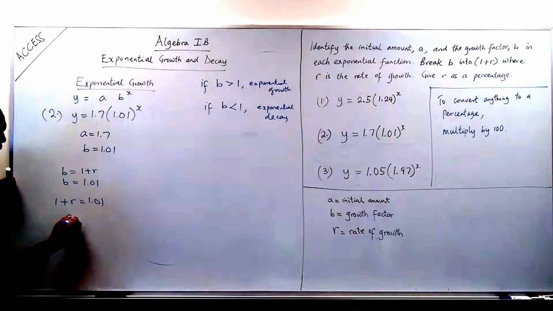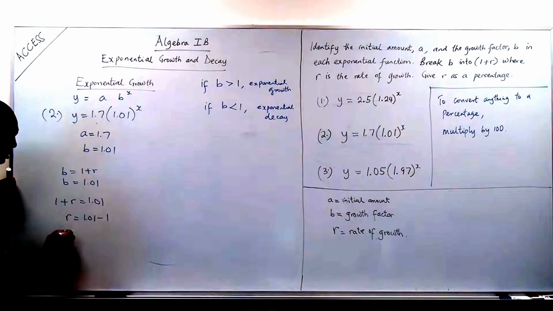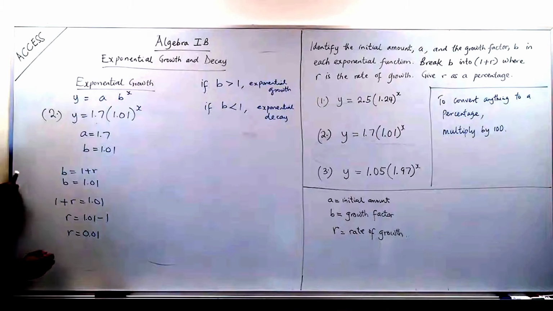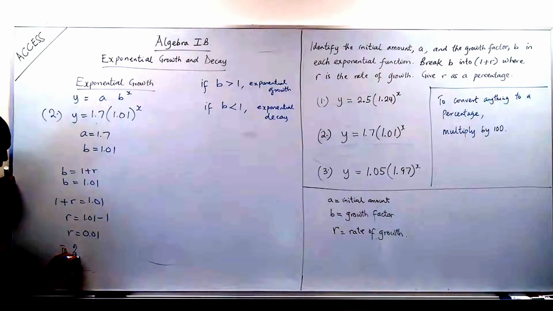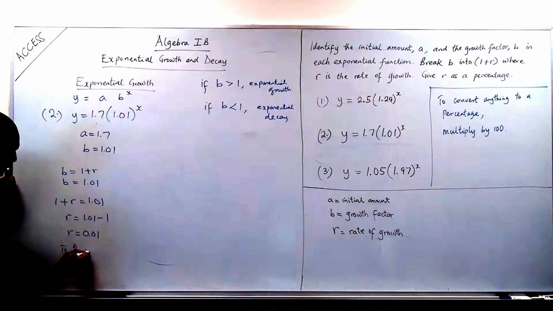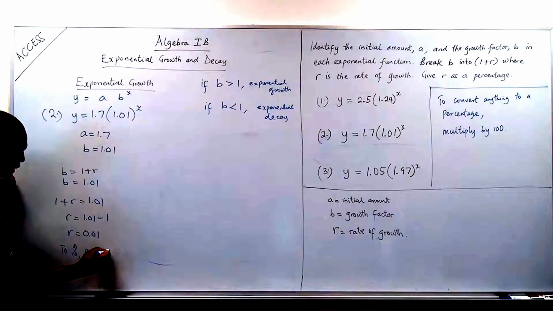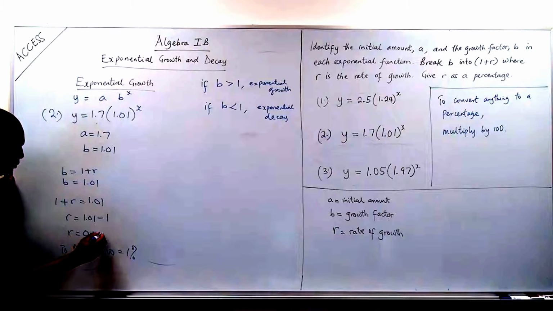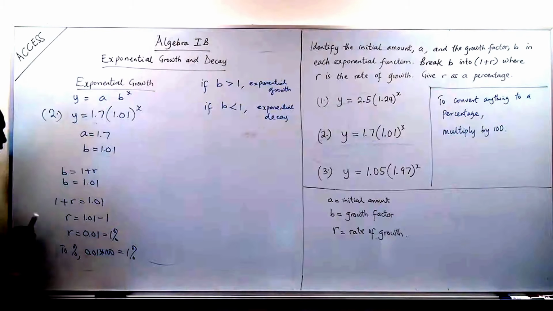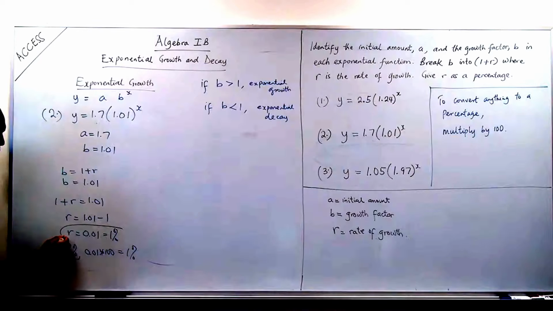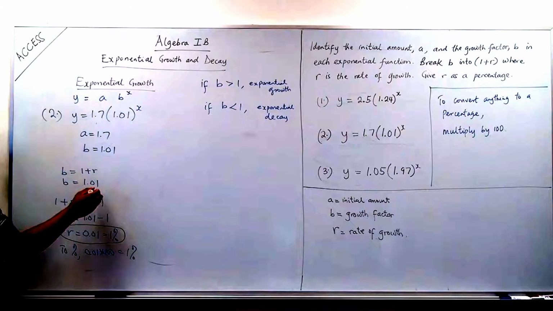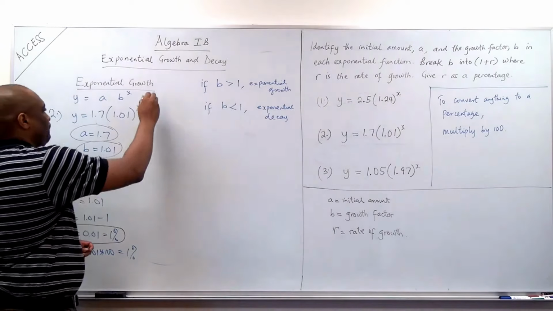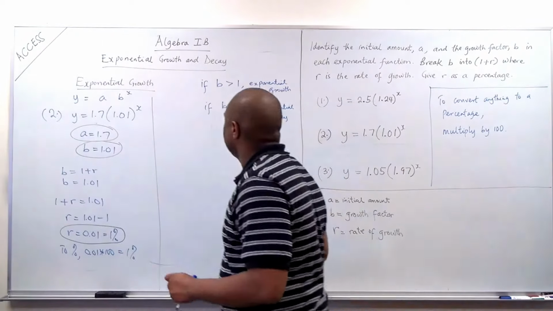So R will now be 1.01 minus 1. R will be 0.01. And then to percent, you now do 0.01 times 100, and that gives you 1%. So R is 0.01, which is 1%. So this becomes your R, this becomes your B, this becomes your A. And that's number 2.